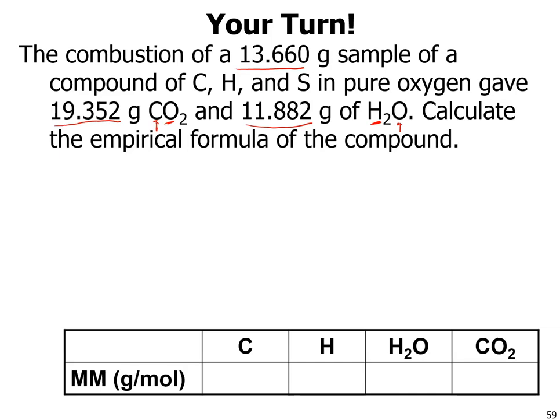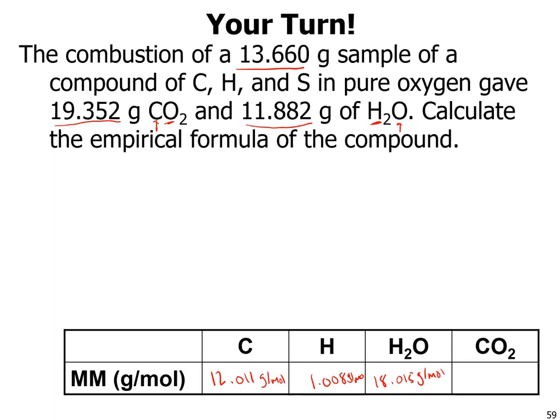So first of all, we are going to look at this sample here. When we're doing this, the first thing we need to do is find the atomic and molecular masses. For carbon, it's 12.011 grams per mole. For hydrogen, it's 1.008 grams per mole. And for water, 18.015 grams per mole.